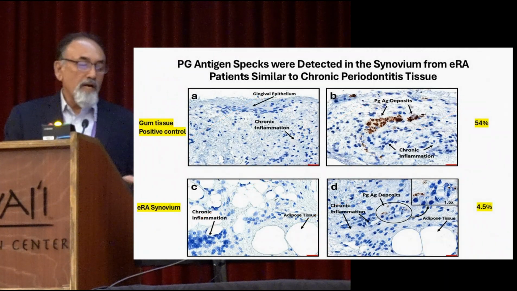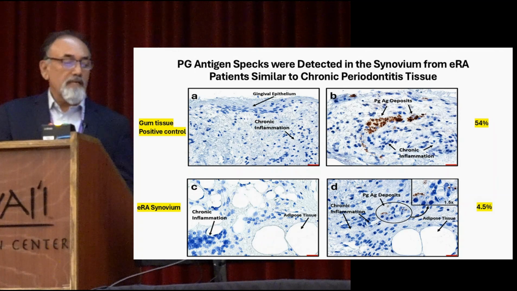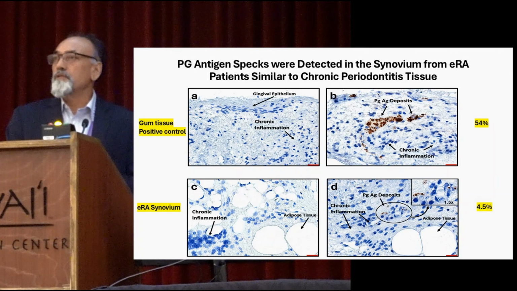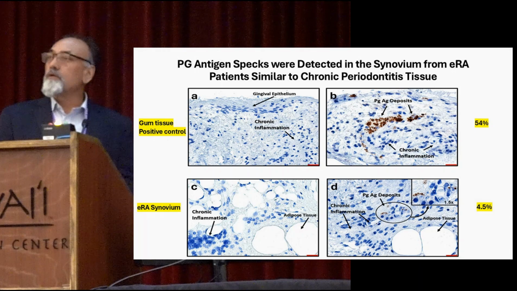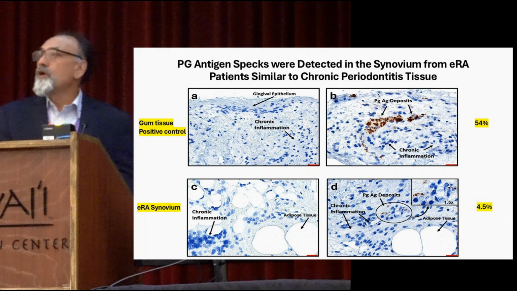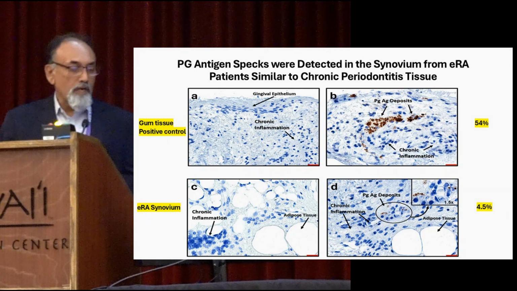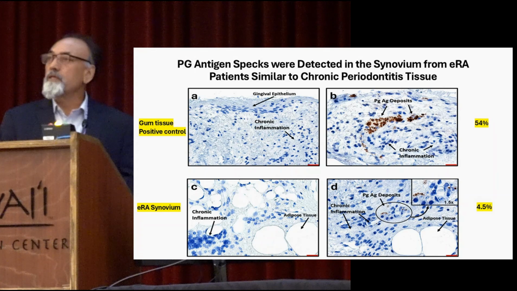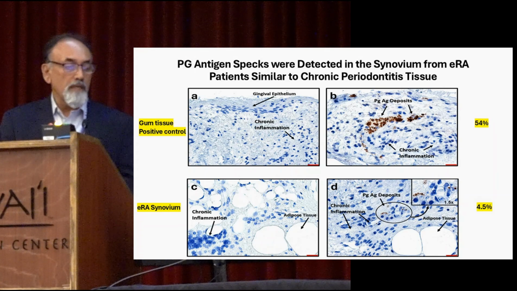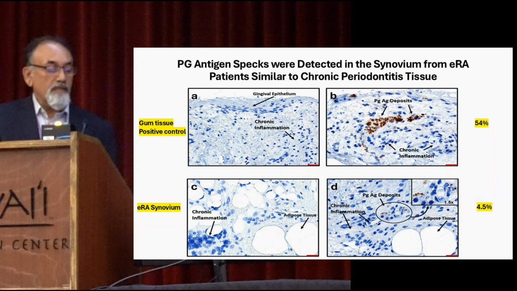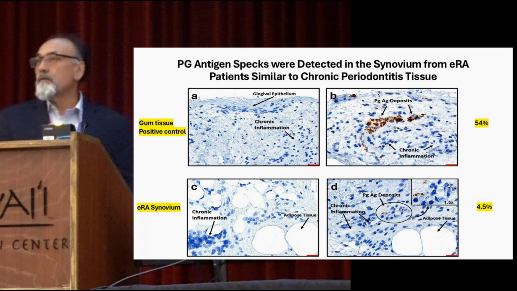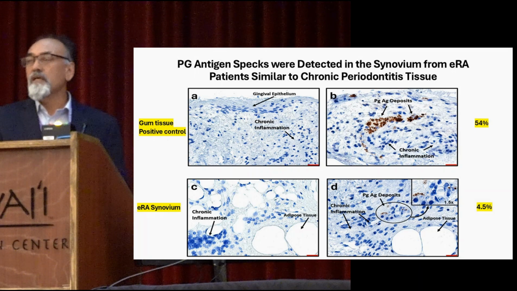And finally, we asked why CTLs are present, and we looked at the synovial biopsy. To do that, first we looked at gum tissue from periodontal disease, which normally has P. gingivalis bacteria. Here we found specks of P. gingivalis antigen in the gum tissue. On the other hand, when we examined the early synovial biopsies, the results were very surprising.